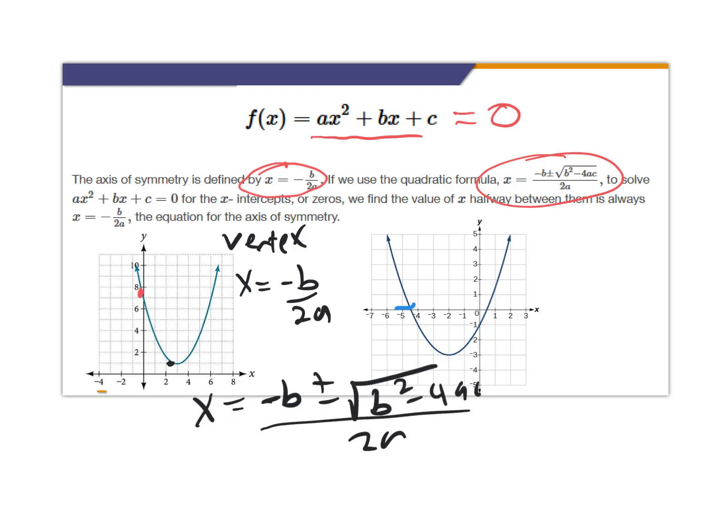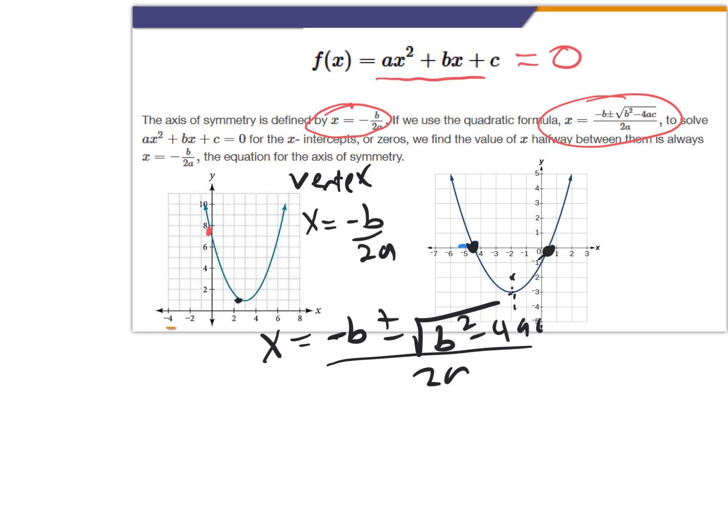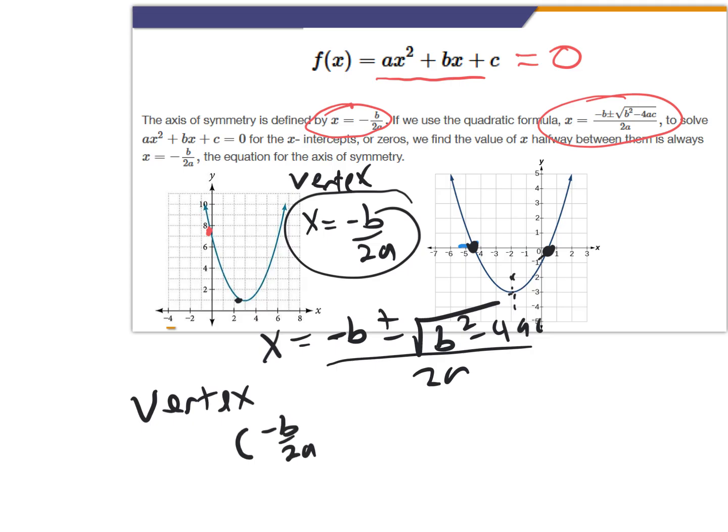This goes for both of these, except for the second picture. I do have two solutions that are real. And again, I can still find that vertex using the x value. To find the vertex, when you find this x number, the vertex is going to be minus b over 2a as the x, and the y is going to be f of minus b over 2a.